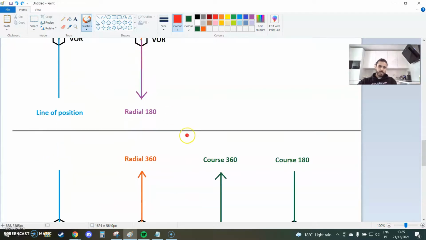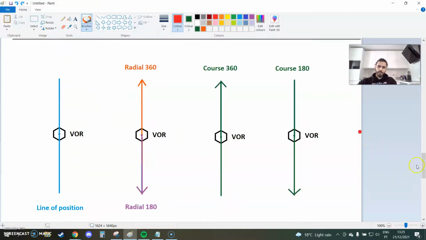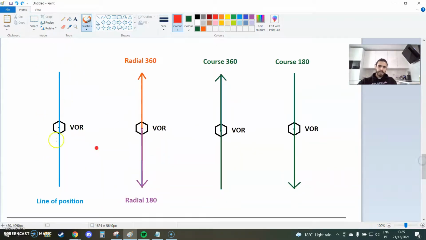With this said, let's put it all together. So, first of all, line of position: a straight line over planet Earth. This one passes over a VOR. Radial: a line of position that radiates from a VOR to a certain direction, which is the name of the radial. So the line of position that radiates from the VOR to 360 is called radial 360.